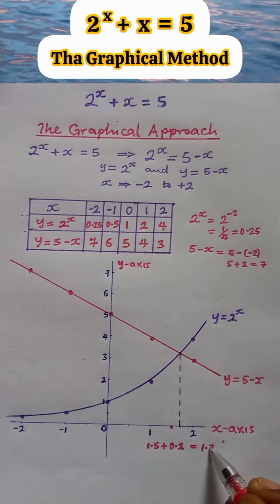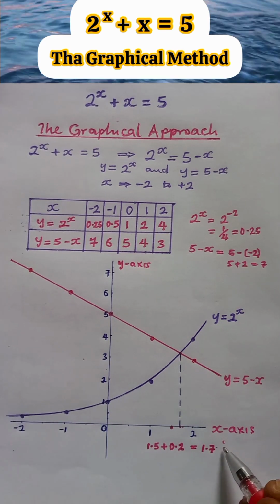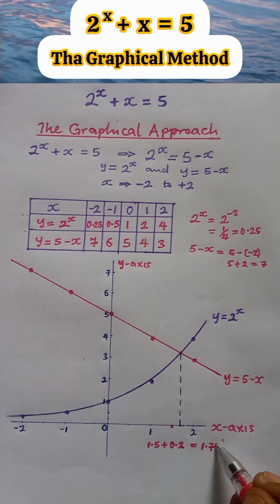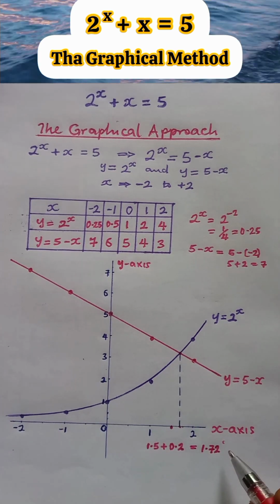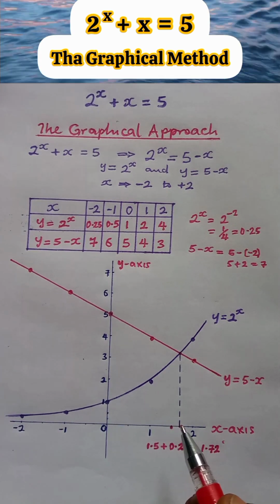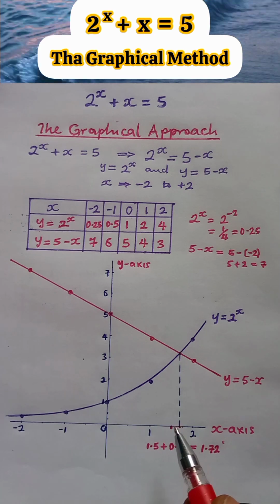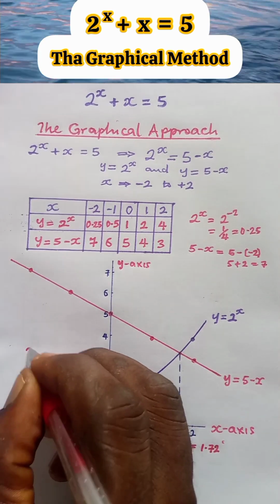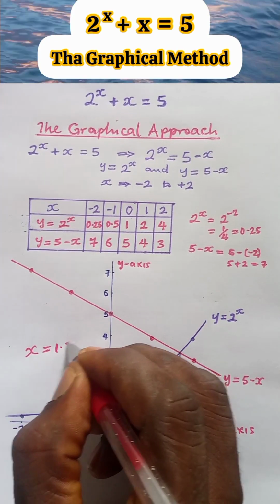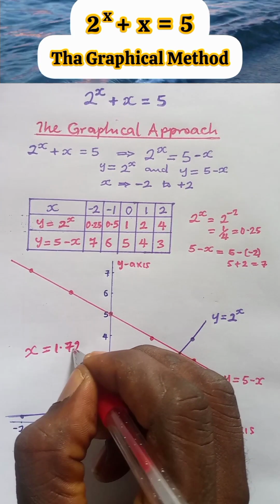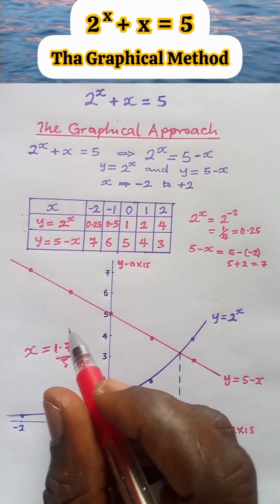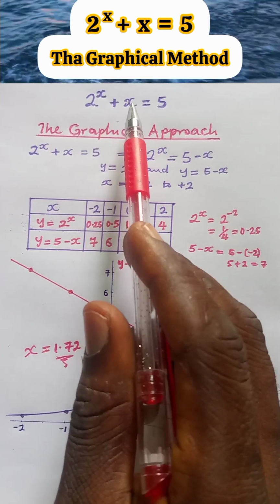Added together, you have 1.7 and some fraction. So from this graph, we can comfortably say that the value of x that satisfies this equation is 1.72, and this becomes the answer, which is the solution to the equation.